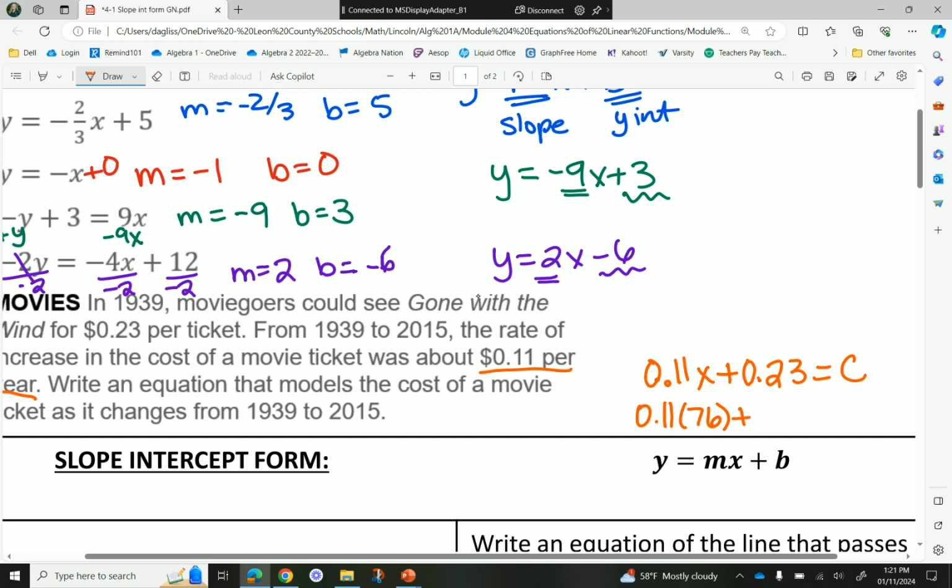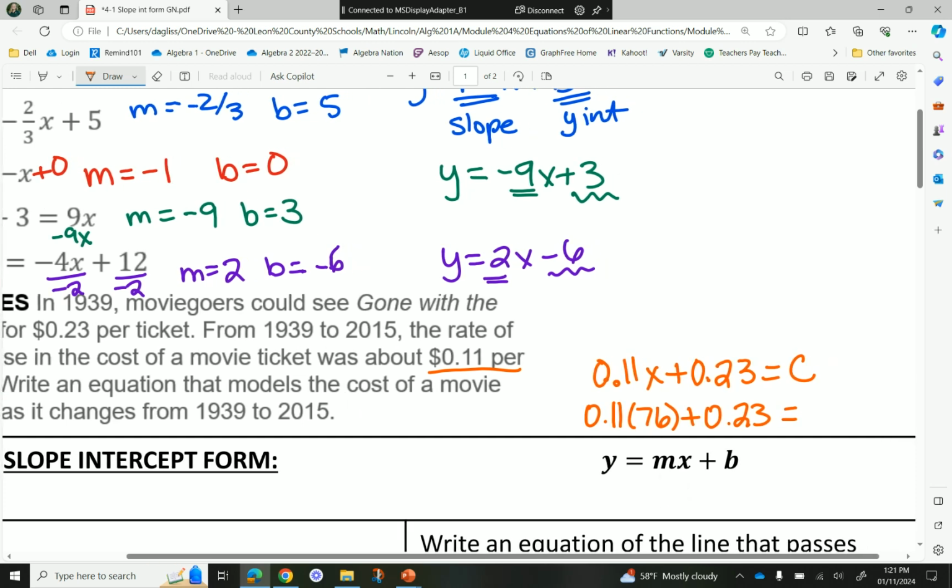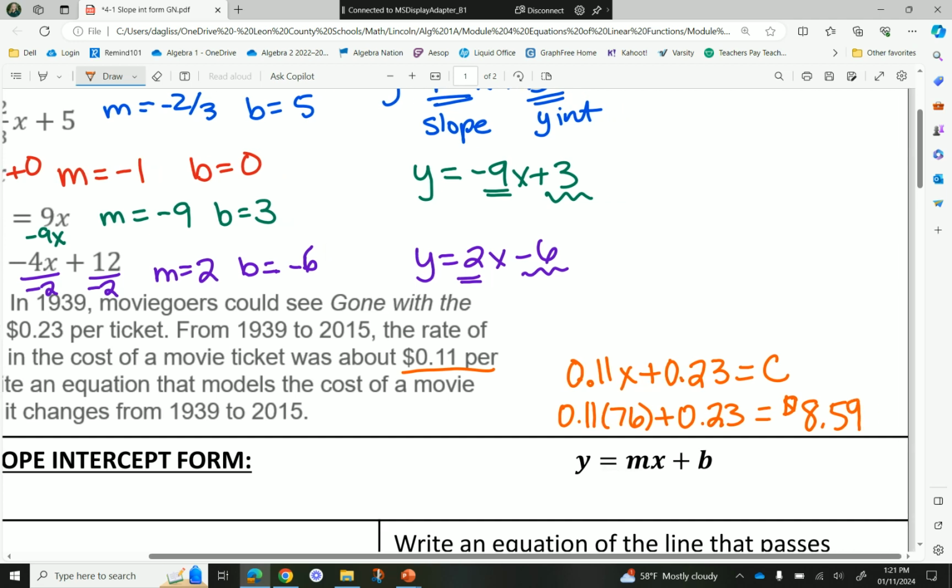I also have a calculator. Okay, so over 76 years, right? I'm going to times that by my 11 cents. So 76 times 0.11. And then I'm going to add that to my 0.23. We're going to get about $8.59. So that predicts in 2015 it was about $8.59 for a movie ticket, which sounds about right.